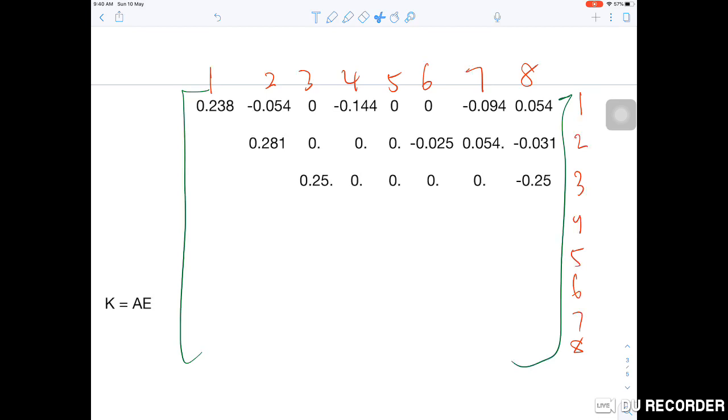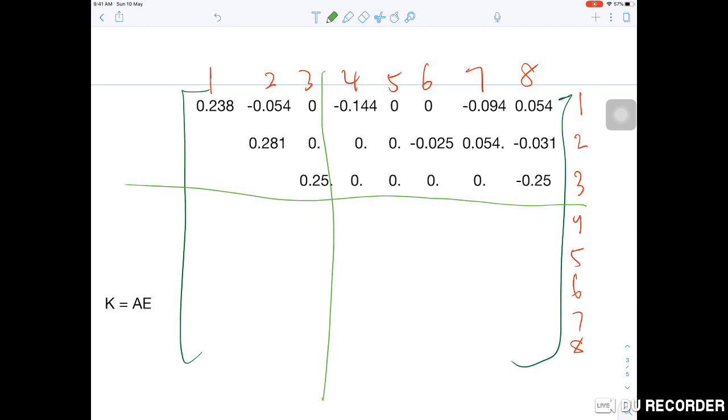Why I want to stop here is that whenever I establish this, I want to focus on the unconstrained system only, and the boundary for the unconstrained system is line number 3. This is the boundary.